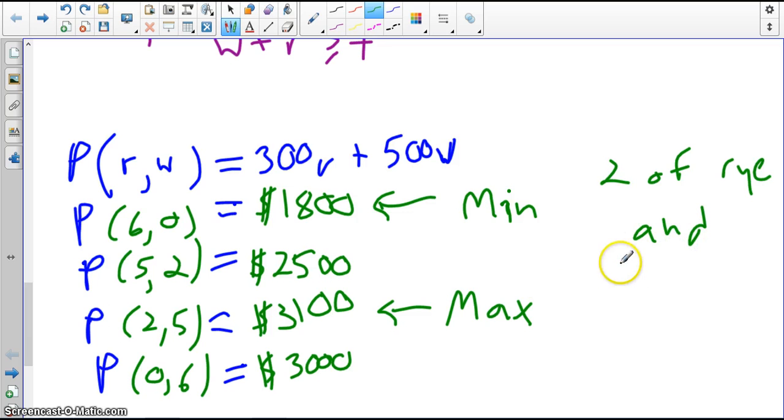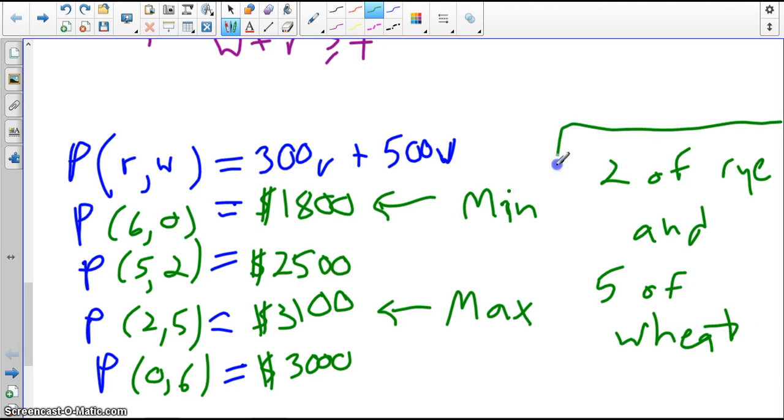Actually answering the question seems silly to say, but make sure the last thing you do is actually answer the question. All this work, you might be like, oh, I'm done. 5 acres of wheat, that would be best case scenario. So that is your answer. All that work, and it's just really 2 acres of rye, 5 acres of wheat will maximize this profit.